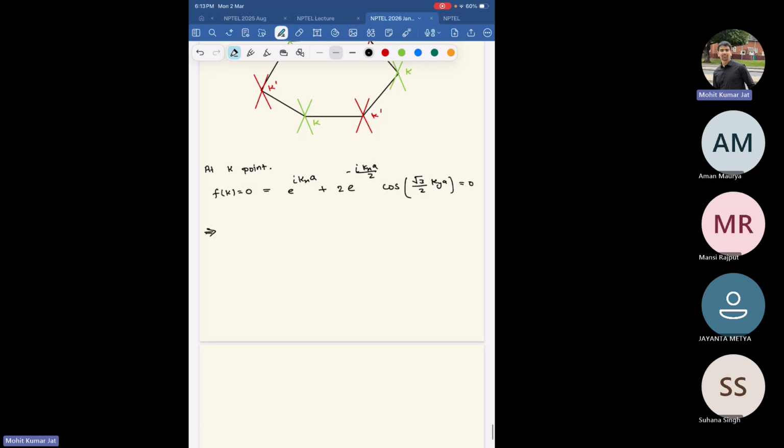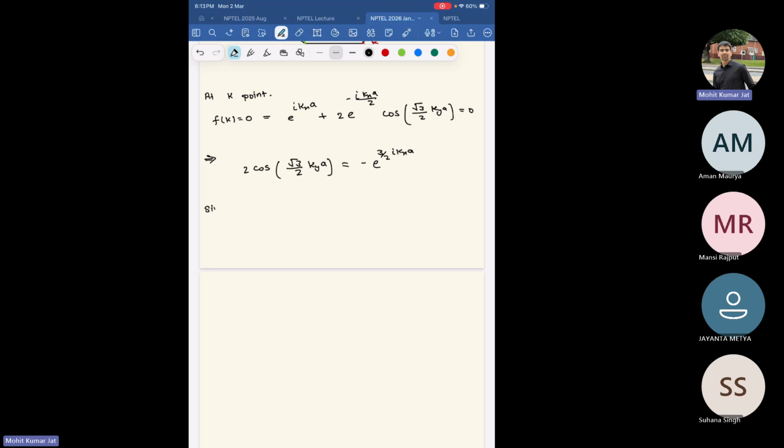And if you just play with the equations, what we will get is 2 cosine root 3 by 2 kya equals minus exponential 3 by 2 i kxa.